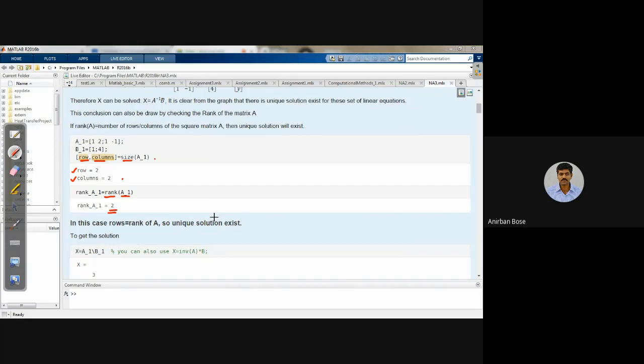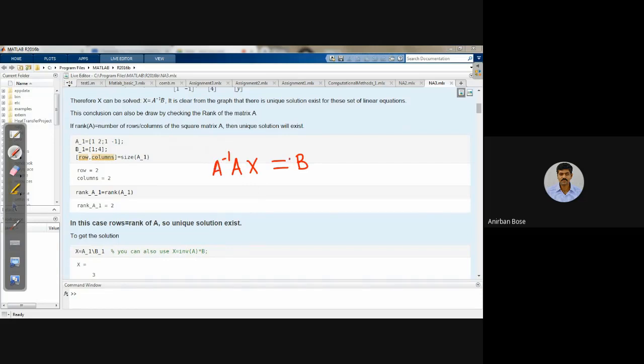Now to find that solution, once you know that a unique solution exists, that means x and y have a unique, single solution. Okay, so then it is very simple, you just do this operation. You know that if AX is equal to B, then you can take A inverse on both sides, right?